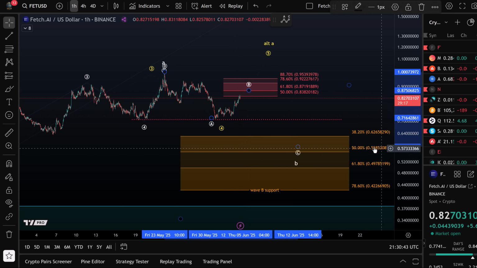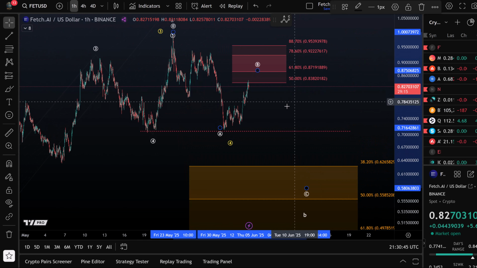And as long as the market holds above the last swing low, which formed here around 72.3 cents, there is no sign that wave C has started. Now, what we're doing is watching if the market can put a local top in place here in this B wave.